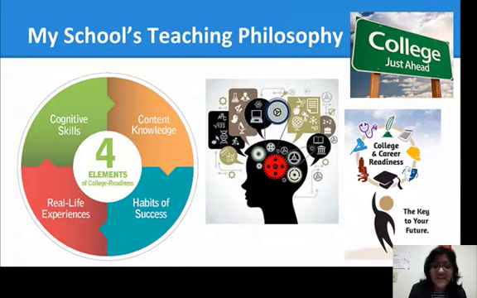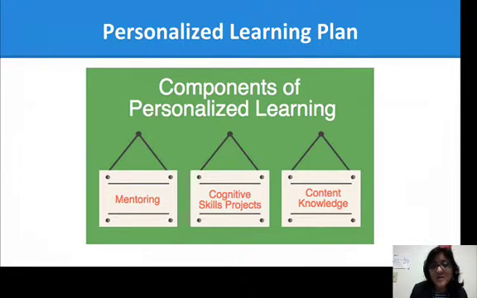And that's kind of the area that I'm having a dilemma with right now. So the model that we're using for the 9th grade program is called personalized learning, and the components of this reflect the values and philosophy of the school. So we teach content knowledge, we do projects that use specific cognitive skills, and those cognitive skills are taught across the subject areas, and then we do mentoring.